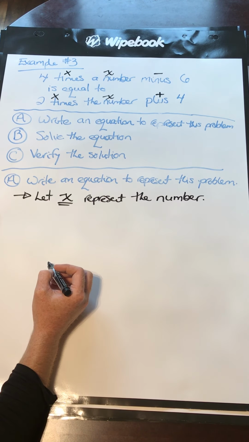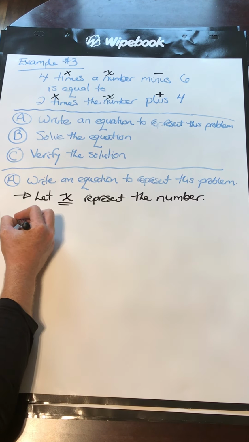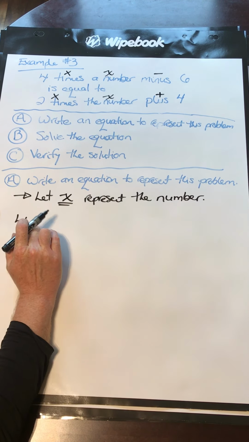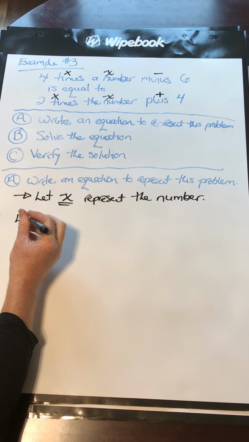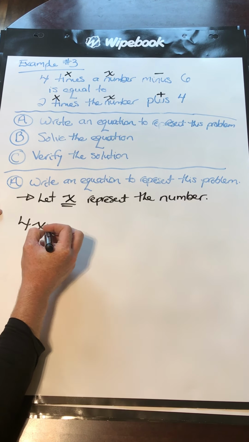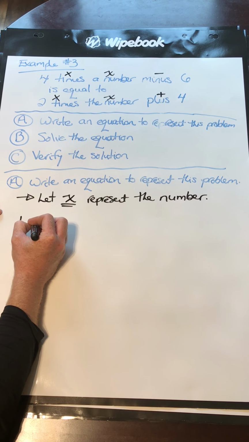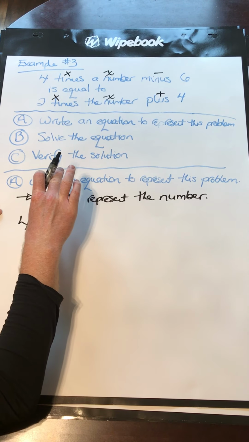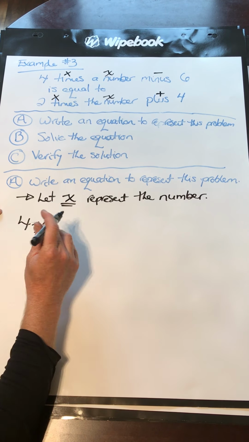All right, so now we can write an equation out. So we say 4 times a number, and remember that we're going to write it as 4x, where x is the variable and there's an itty bitty times in there. And we usually don't write that multiplication in there, but if you need to, just write it in itty bitty in there.